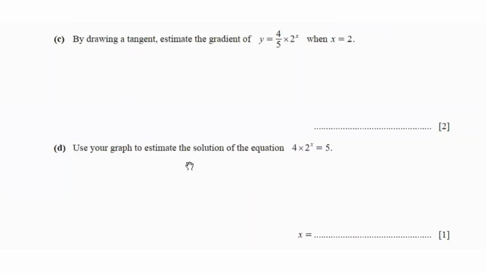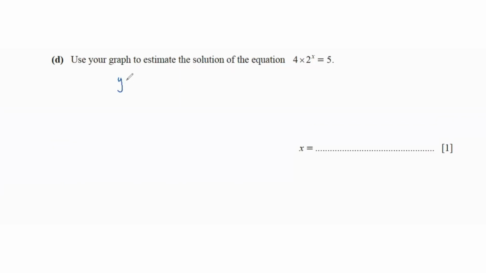Then it says use your graph to estimate the solution of the equation. The equation is y equals 4 over 5 times 2 to the power of x. So if we do 5y equals 4 times 2 to the power of x, it only equals 5 if y equals 1, which means 5 times 1 equals 4 times 2 to the power of x.